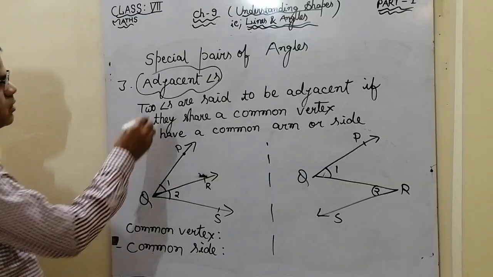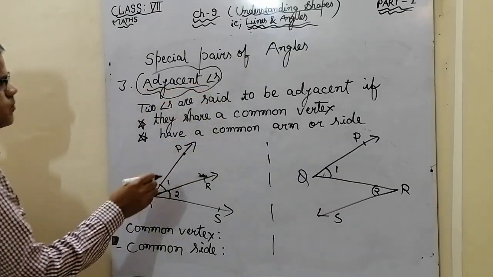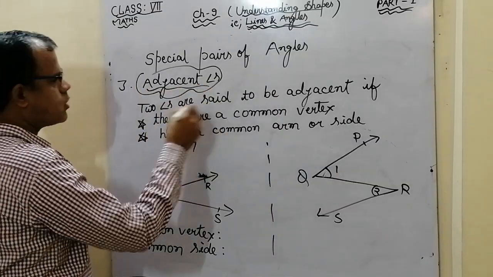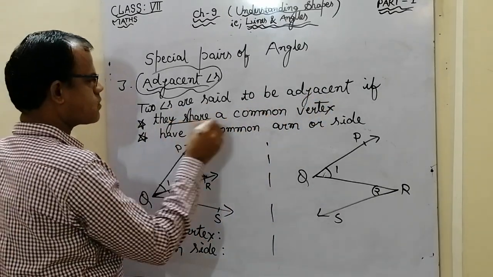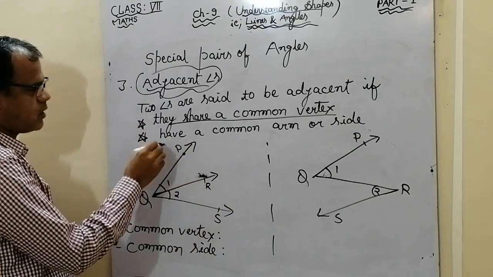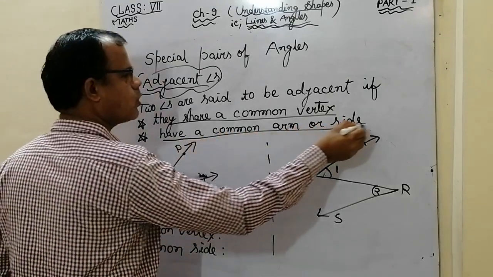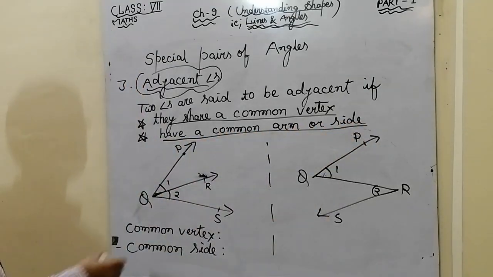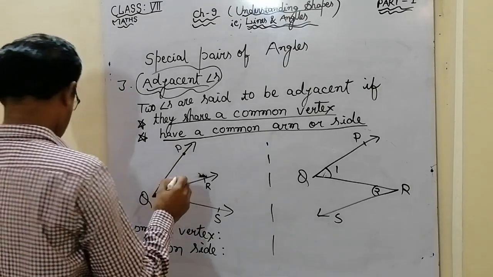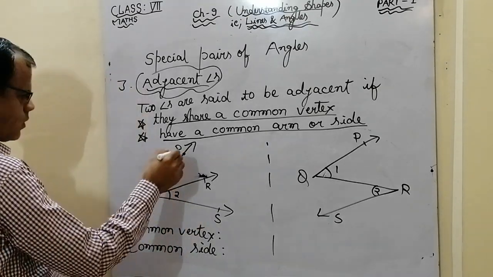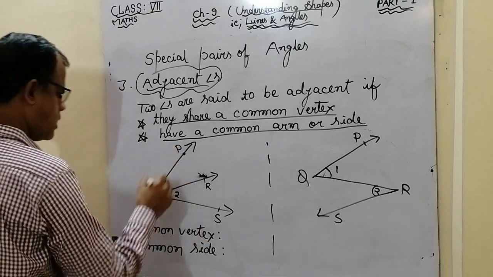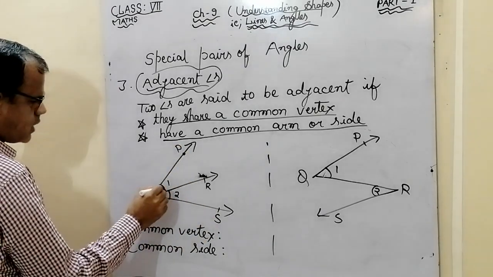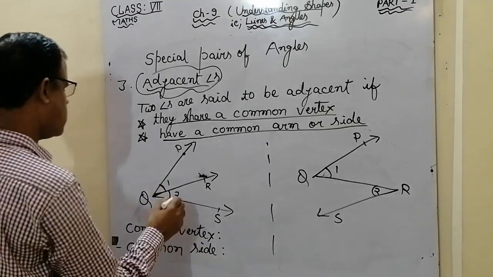Yes student. Next, adjacent angles. Two angles are said to be adjacent if they share a common vertex, first point, and next have a common arm or side. Look here, in this figure you can see angle PQS. Here two angles are there, angle 1 and angle 2.